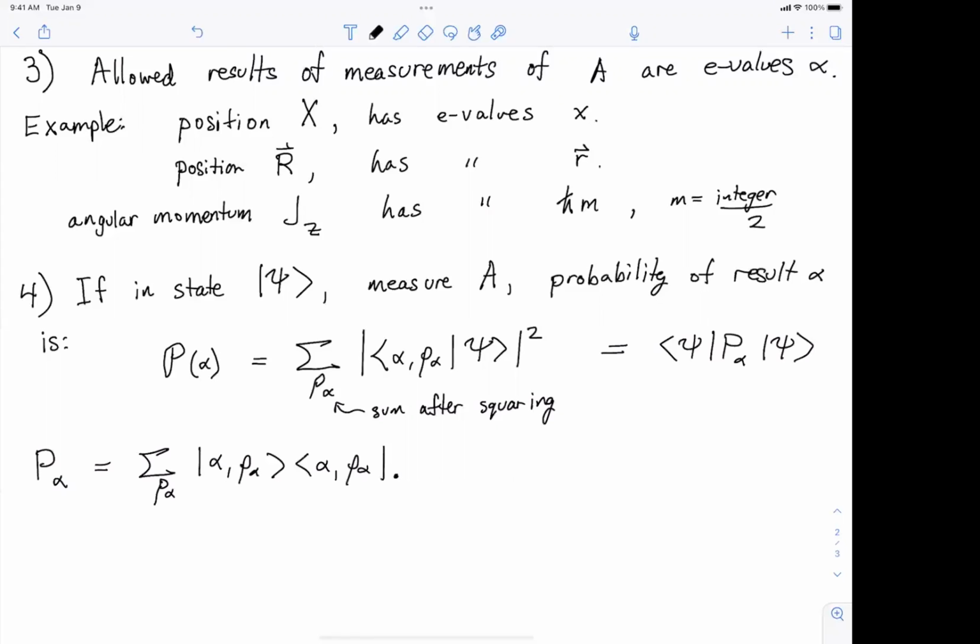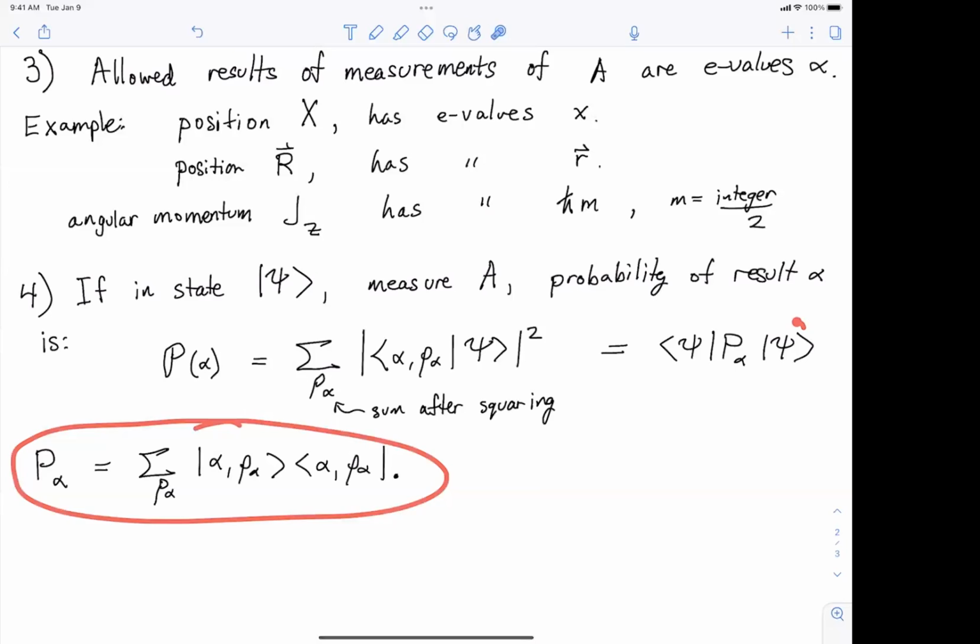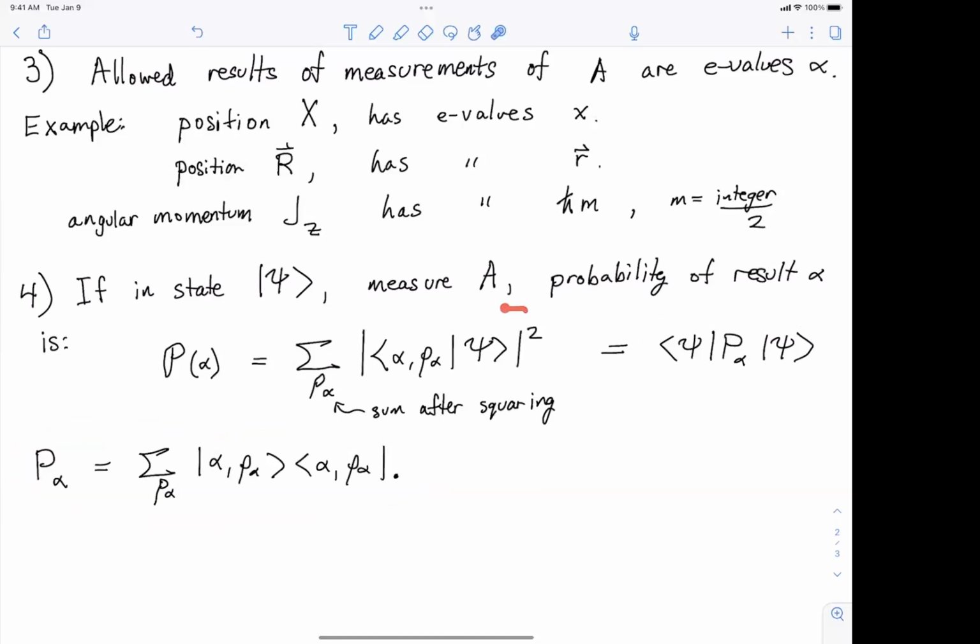Okay, so if you just plug this right here into here, that just gives you this. It's the same thing. And so you can write the probability in terms of these projection operators.